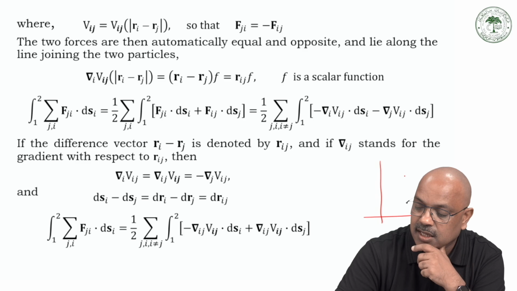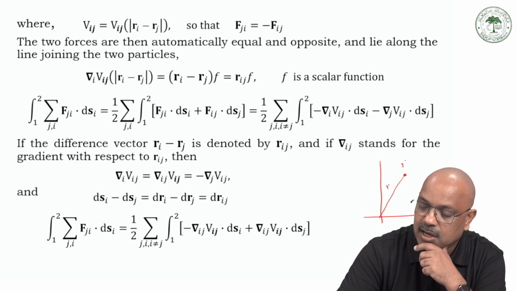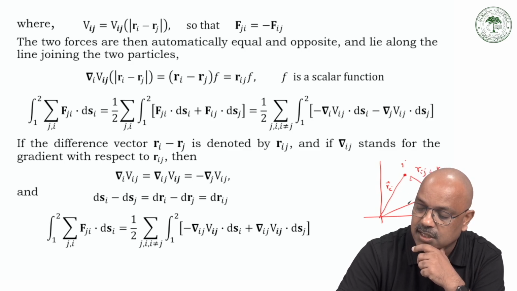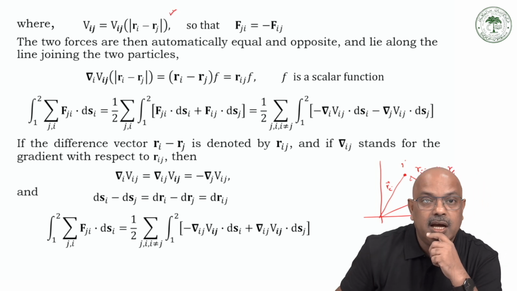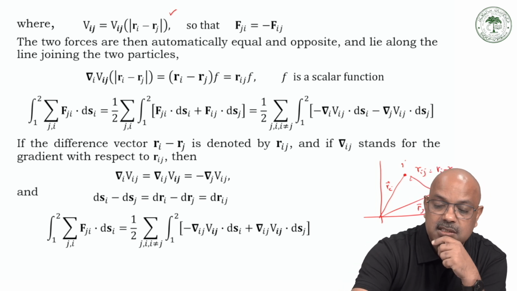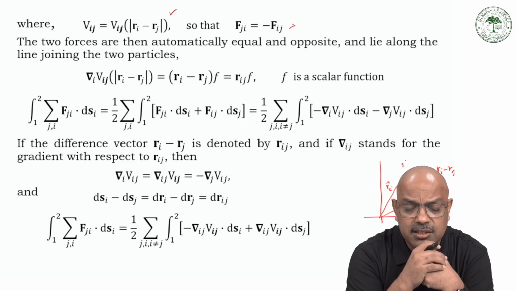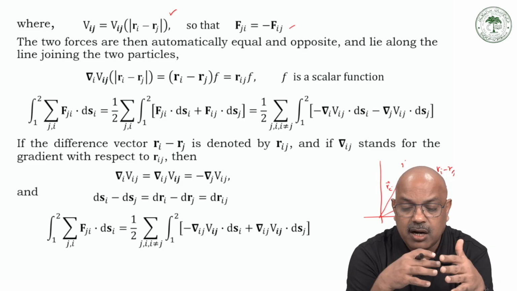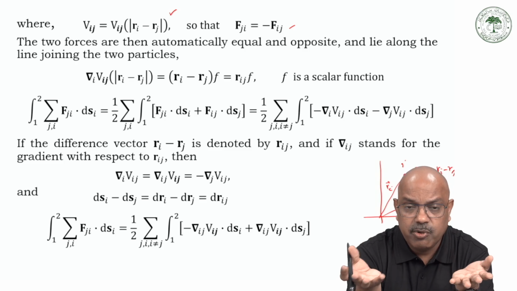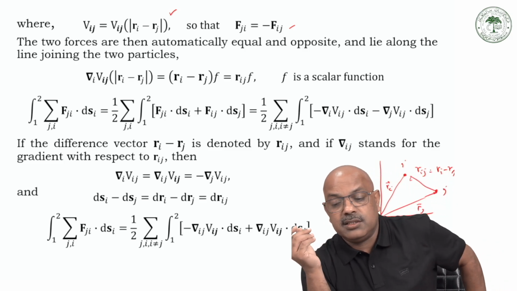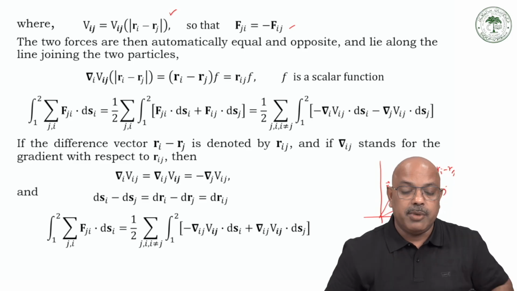So you see that this is the ith particle, this is the jth particle, and you have R_i and R_j here, and then you have R_ij, that is R_i minus R_j. So this depends upon R_i minus R_j, so that F_ij is equal to minus F_ji. But these are basically automatically equal and opposite, because we had discussed why it is there. They lie along the line joining the particles.